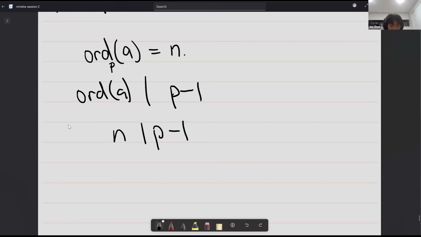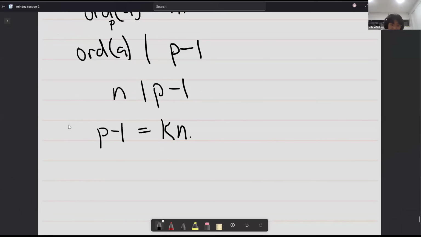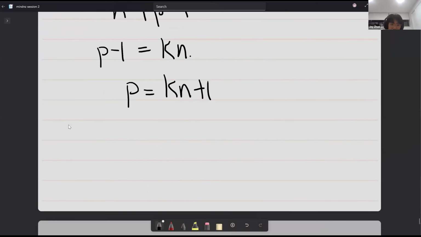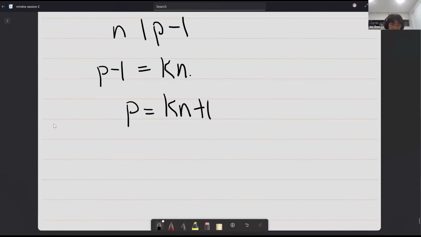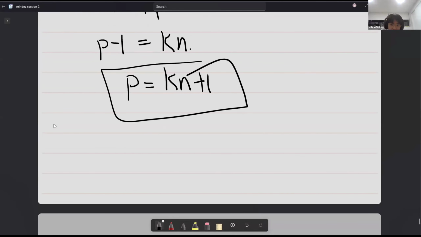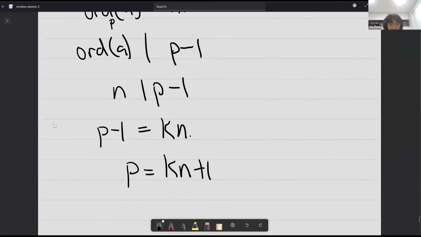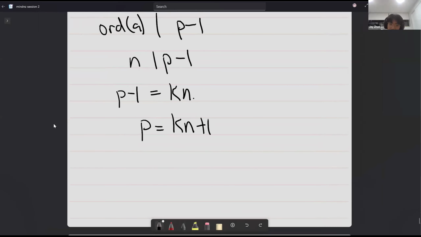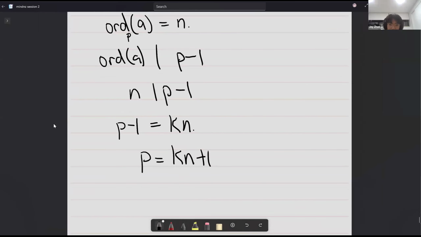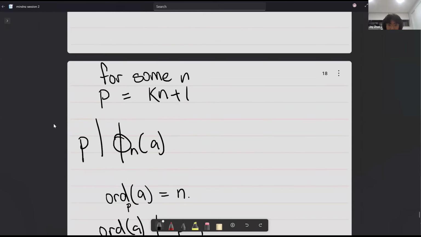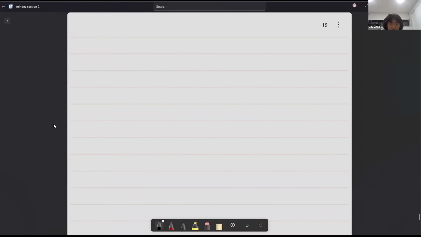So p minus 1 is equal to kn, and so p is equal to kn plus 1. So every prime divisor of this is of the form kn plus 1. That's pretty good. Now we're going to use this to show that there are infinitely many primes.